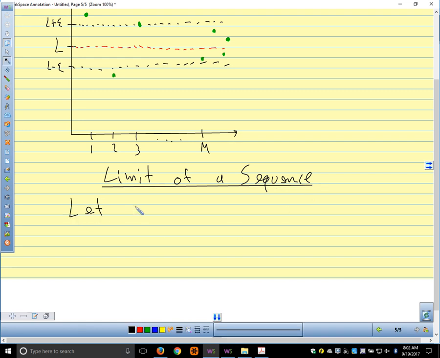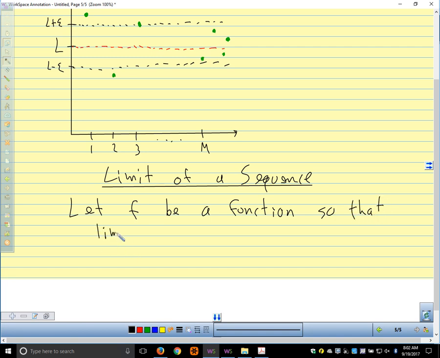So I'm going to say let f be a function so that the limit as x approaches infinity is L.